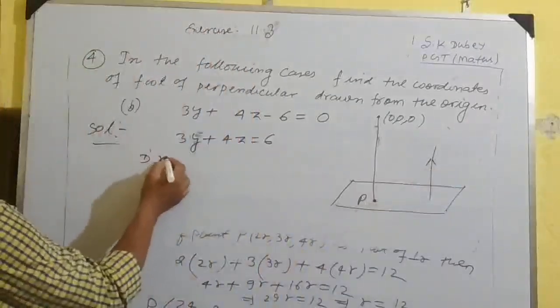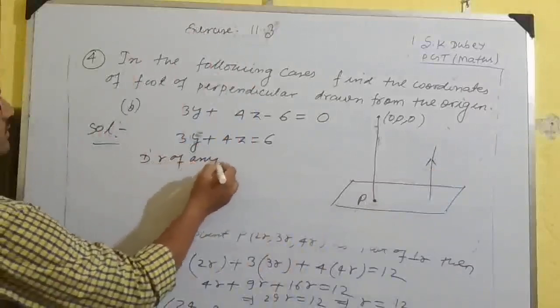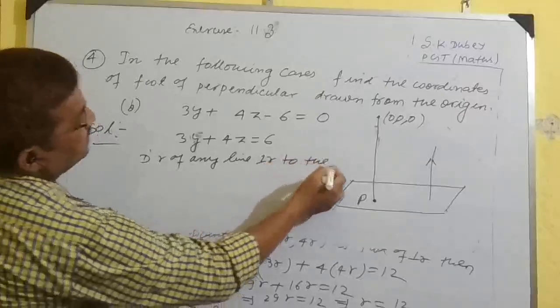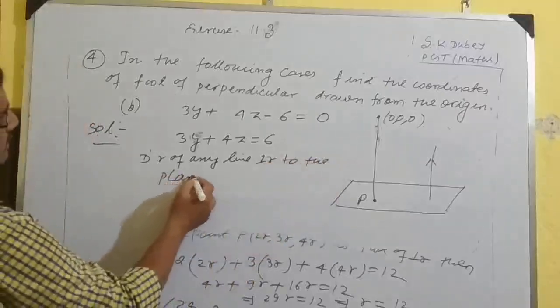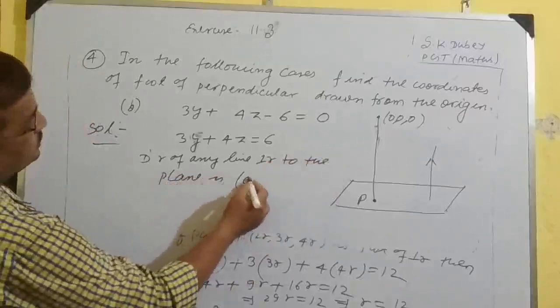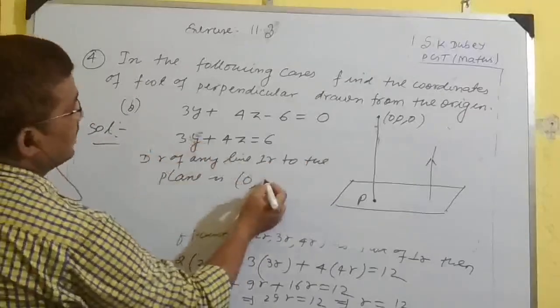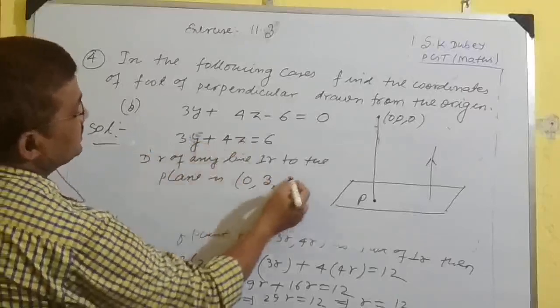Direction ratio of any line perpendicular to the plane is 0, 3, 4. Here coefficient of x is 0, coefficient of y is 3, and coefficient of z is 4.